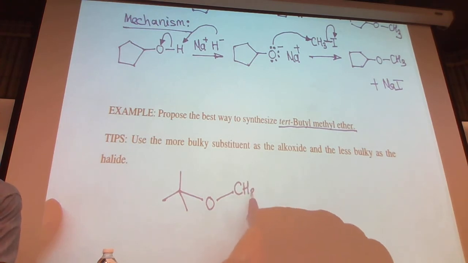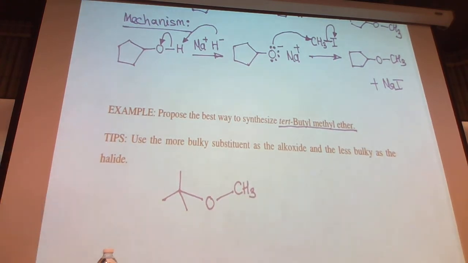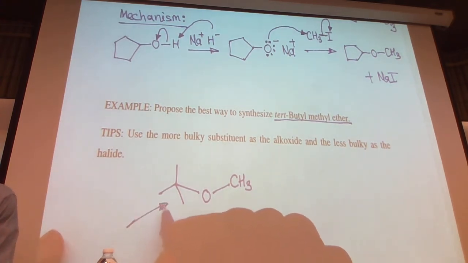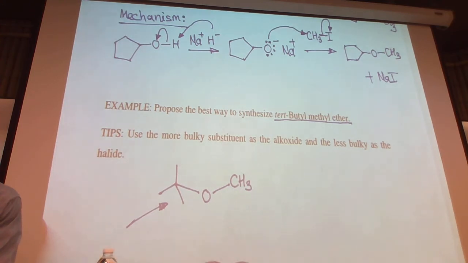I don't like showing the CH3 when you're doing skeletal structure; you don't have to show it. So that's our tert-butyl methyl ether. Let's call this the bulky group to make it easier, and this is the smaller group.